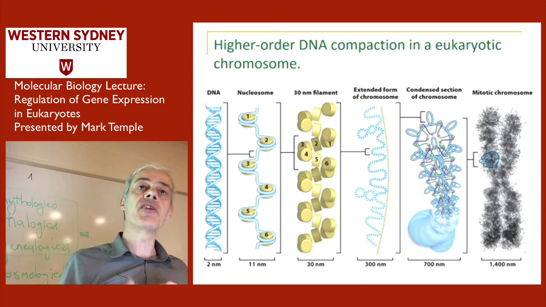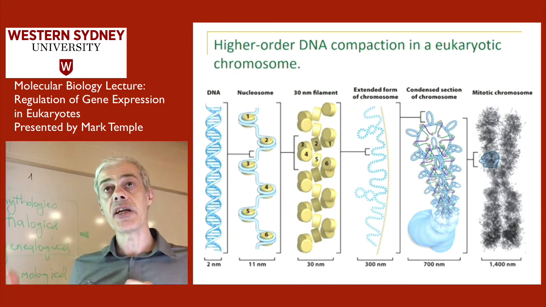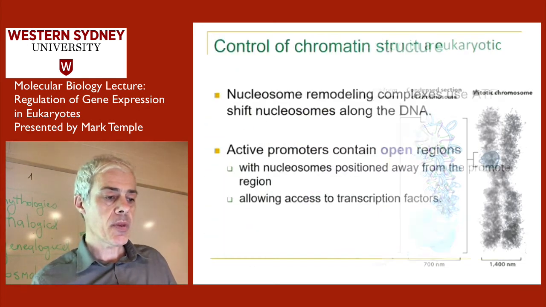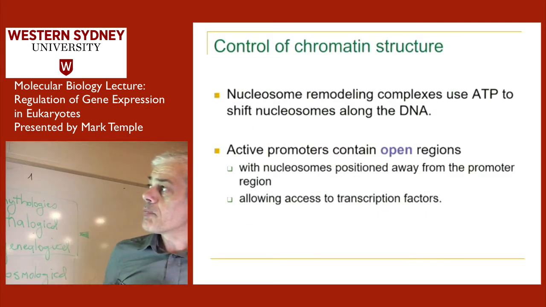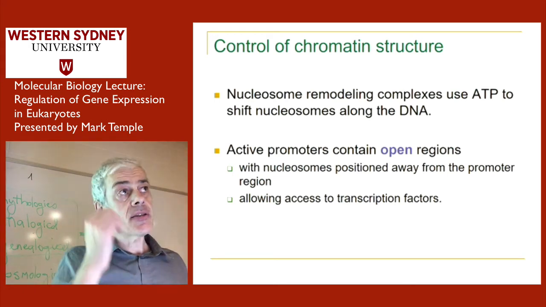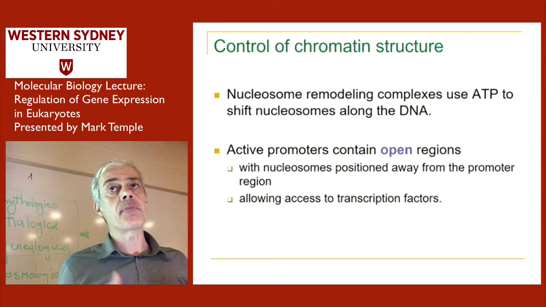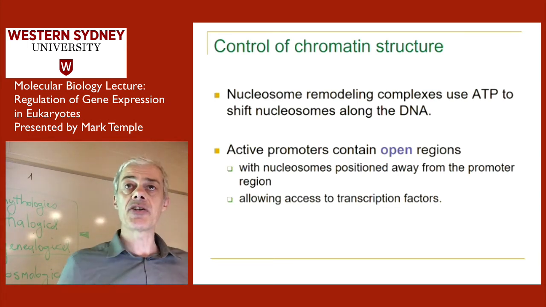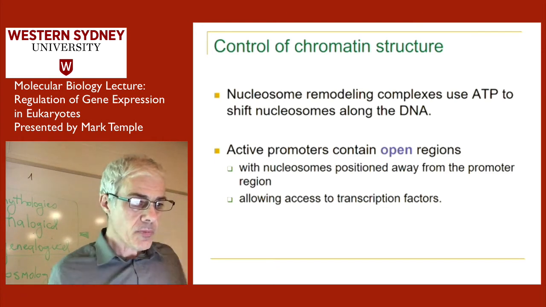So we have positive mechanisms that turn on gene expression. That's the sort of narrative the textbook gives you. I guess the thing to look at now is what are some of the factors that affect packaging, because when you loosen the packaging, you allow gene expression to occur.